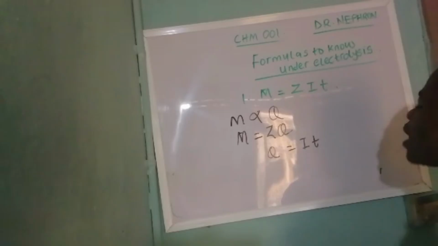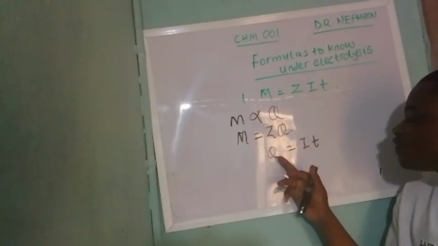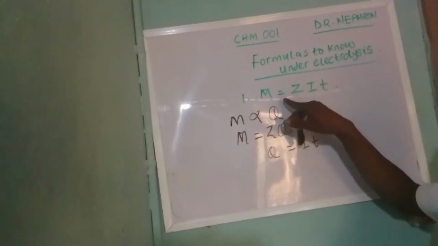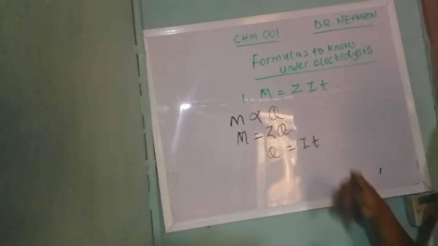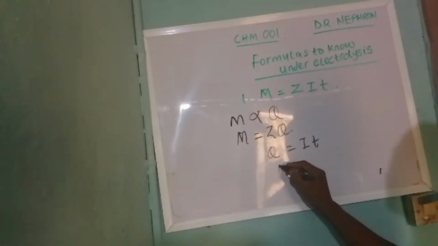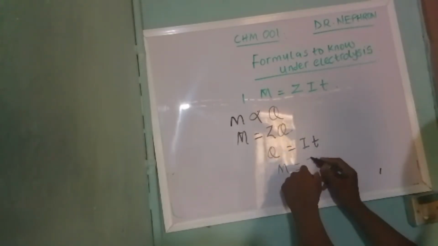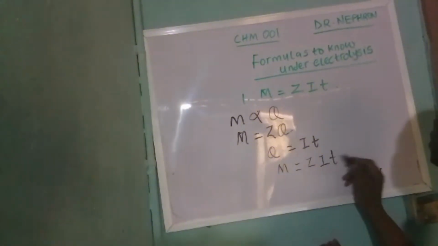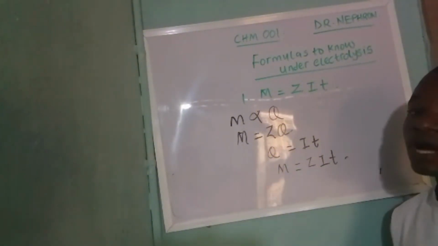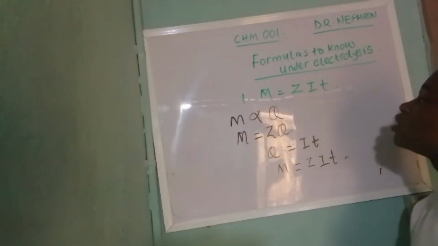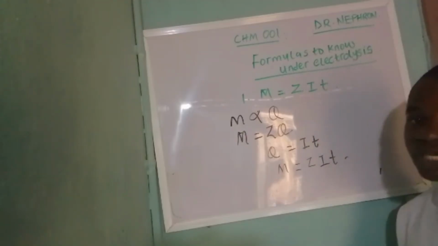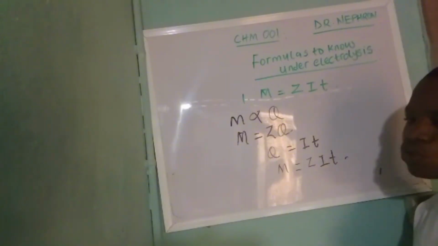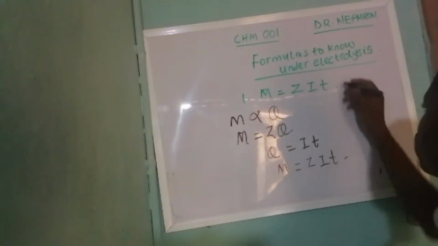So instead of Q, we put IT, and we have M equals ZIT. That's the first formula to know under electrolysis.